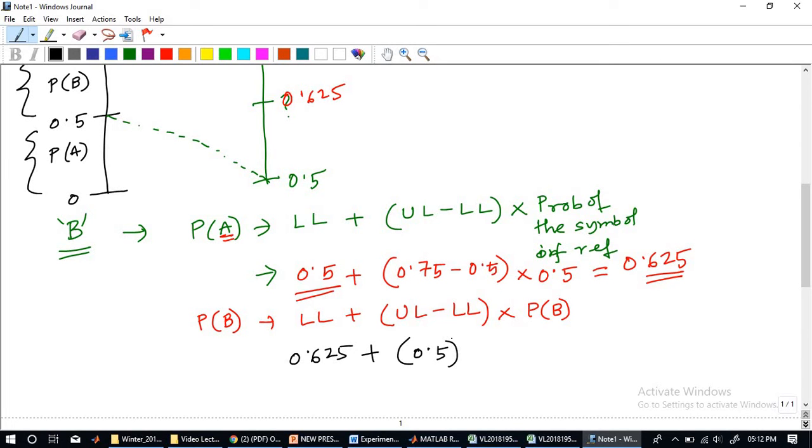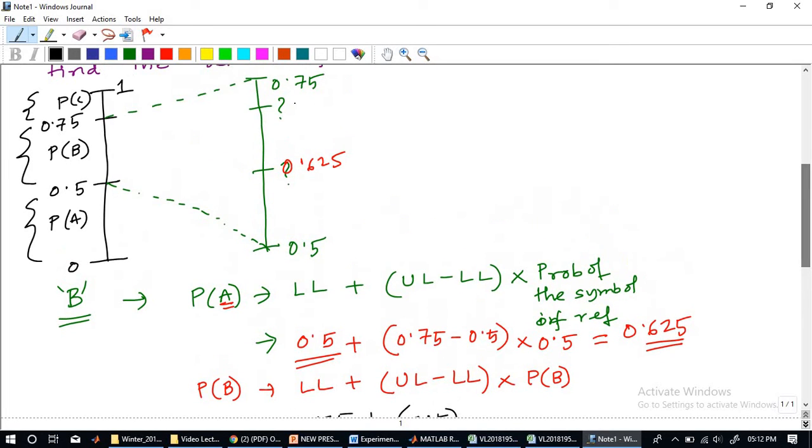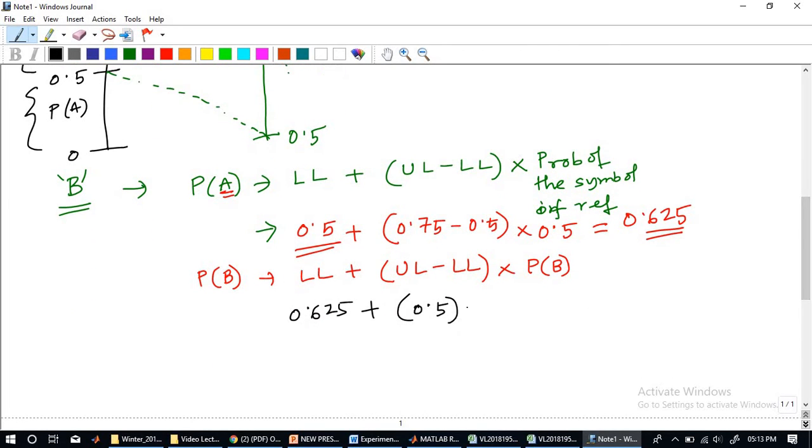It is not because we are trying to calculate all these intermediate values, but the upper and the lower UL and LL for the segment has remained as it is. So we will take this as 0.5 multiplied by the probability of B, which is 0.25. So this value is coming as 0.6875 if my calculation is correct. So now if I go back, so naturally what will be PC then?